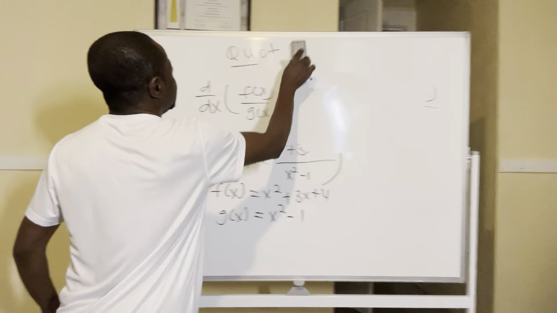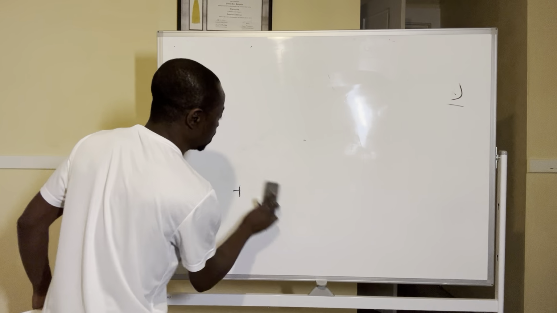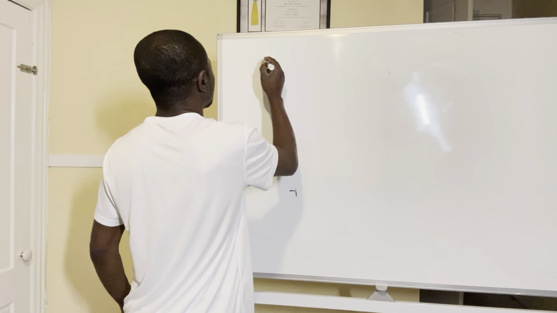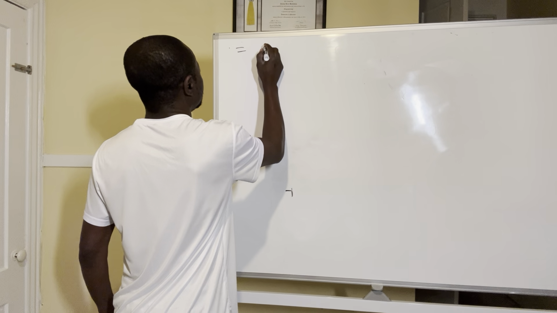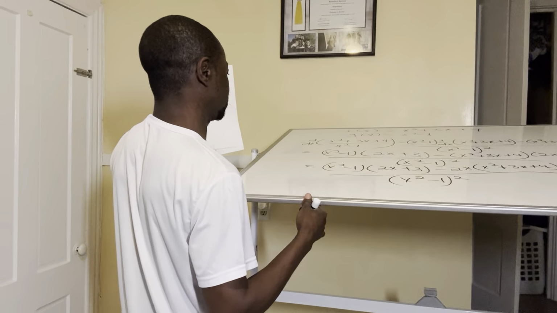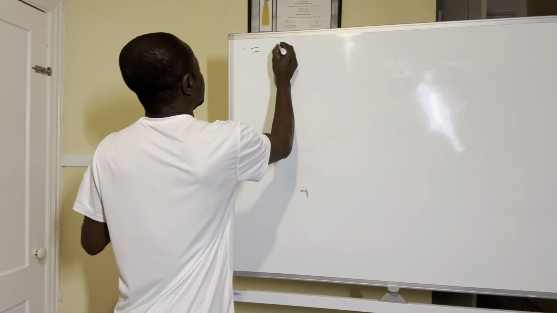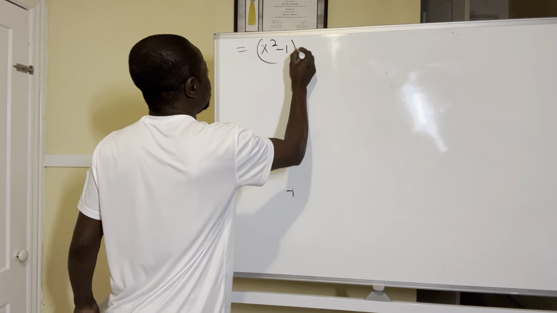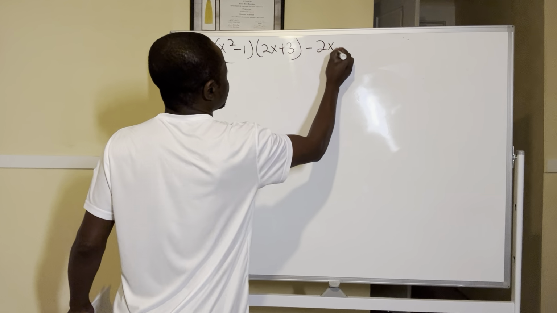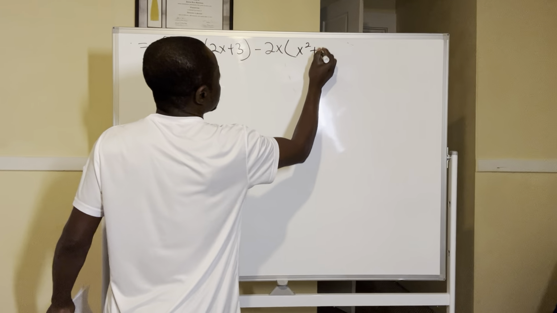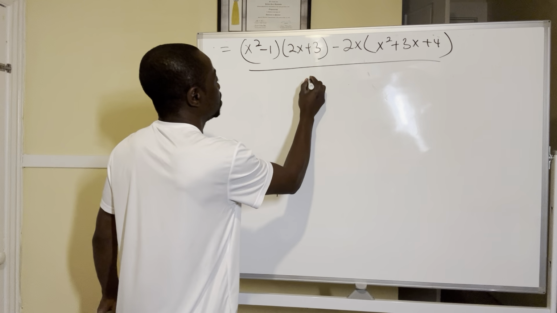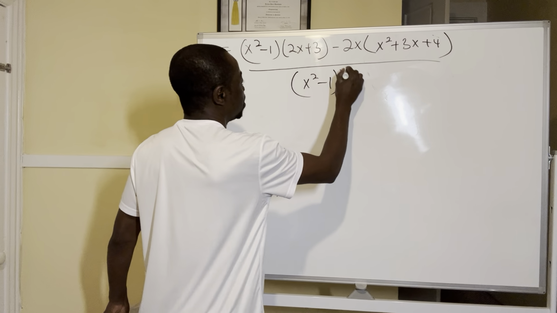So this is equal to (x squared minus 1) times (2x plus 3), then minus 2x times (x squared plus 3x plus 4), all over (x squared minus 1) all raised to the power 2.